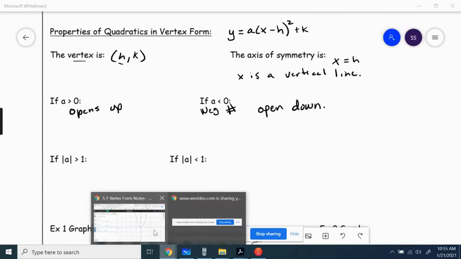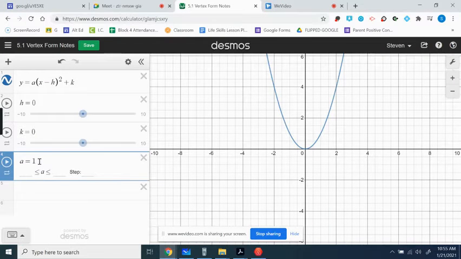Now let's see what happens if the absolute value of a is greater than 1. Let's just go with 2. It looks a little bit more narrow than the parent function. Let's go with 10. If I make this negative 10, the absolute value of negative 10 is 10, so it's greater than 1.